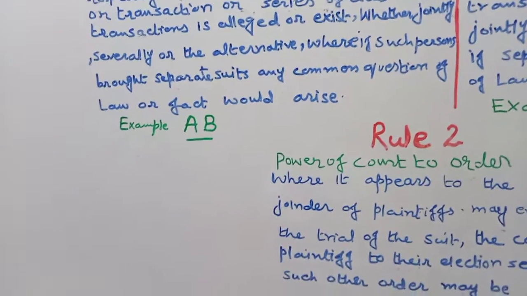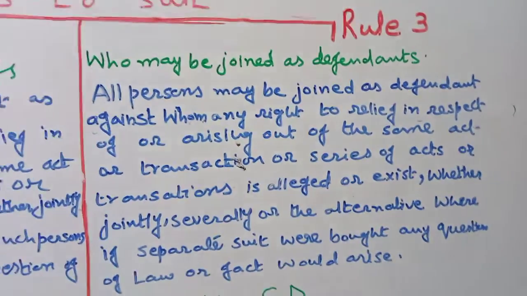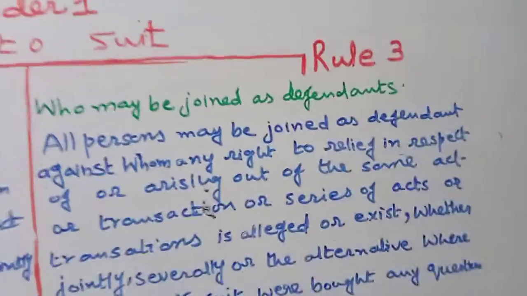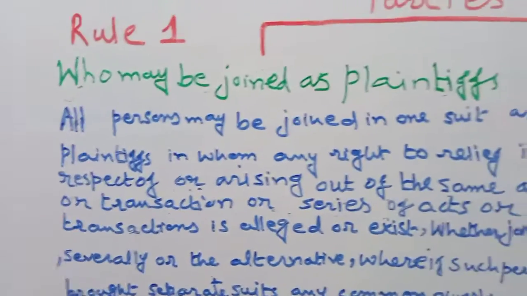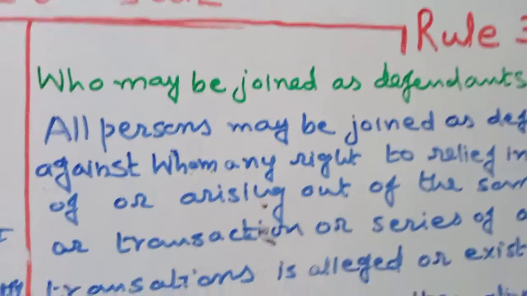Now rule number 3: who may be joined as defendant? All persons may be joined as defendants. What is changed here from rule 1? Only "as defendant against".